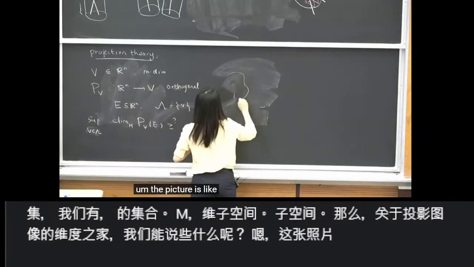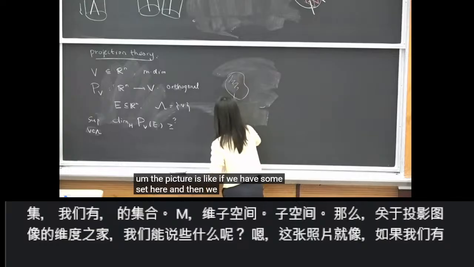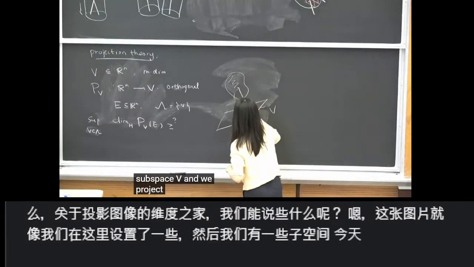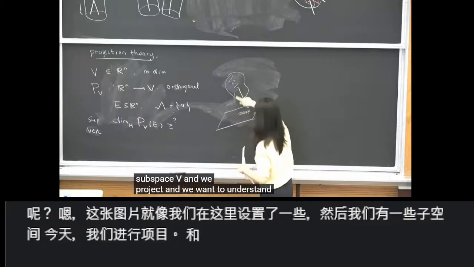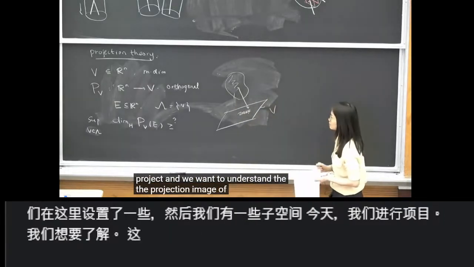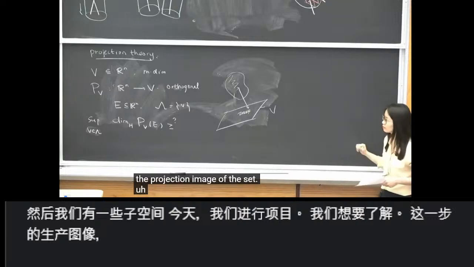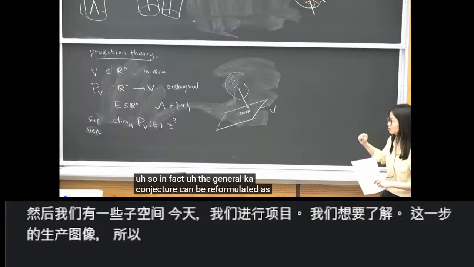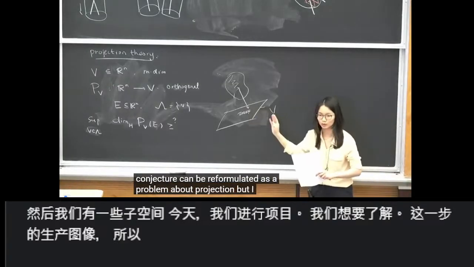The picture is like if we have some set here, and then some subspace V, and we project, and we want to understand the projection image of the set. In fact, the general Kakeya conjecture can be reformulated as a problem about projection, but I won't do it here.